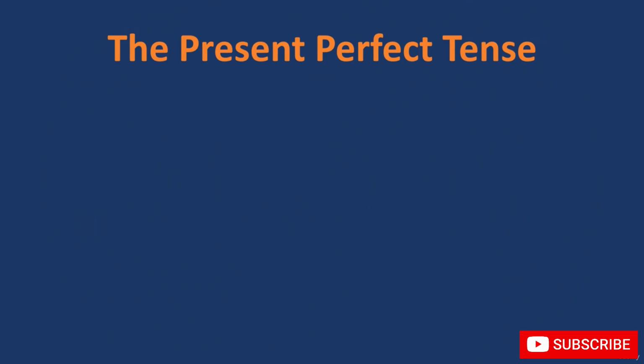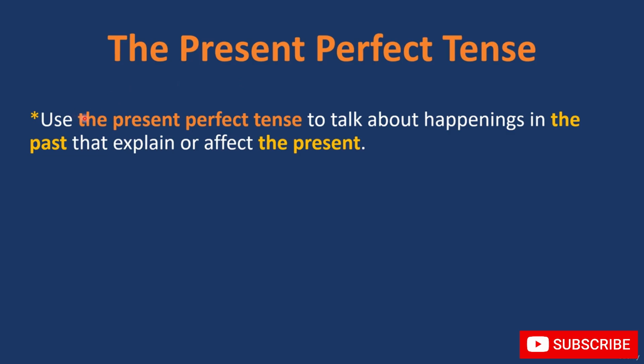The present perfect tense. We use the present perfect tense to talk about happenings in the past that explain or affect the present. Again, the present perfect tense relates something that happened in the past to its effect at present.